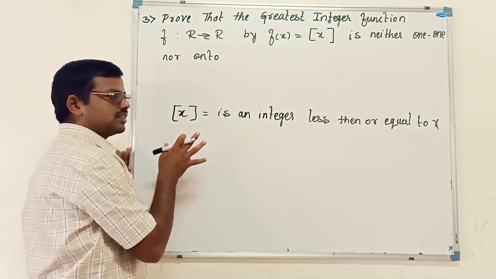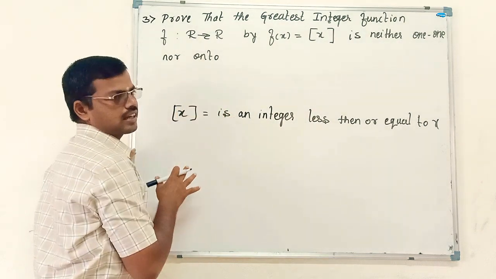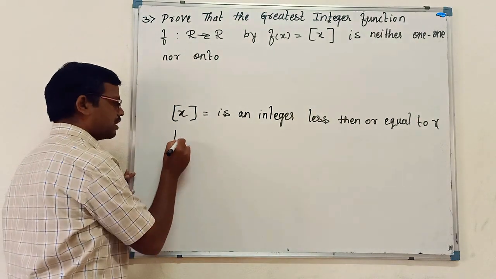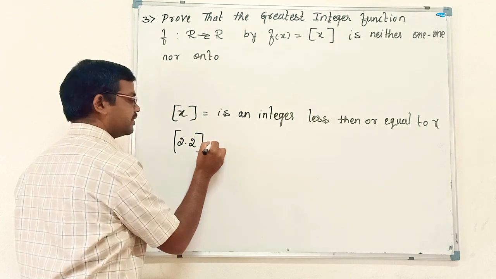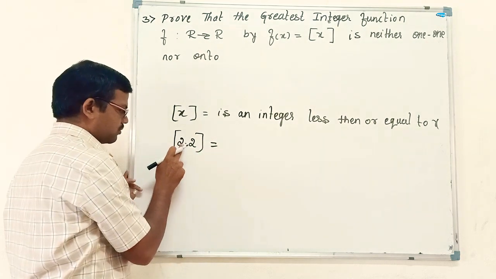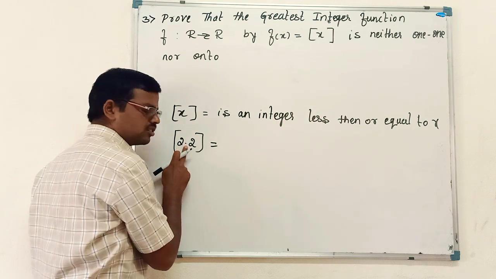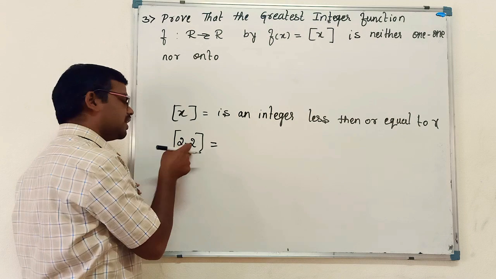So that is how we collect the images of the greatest integer function. For example, take a simple example, 2.2. What is the greatest integer of this? 2.2 is not an integer. Then what is an integer? 2 is an integer, and it is less than 2.2.